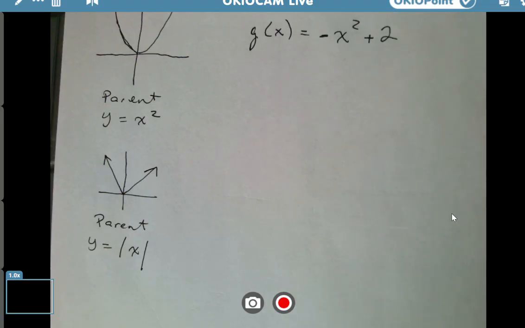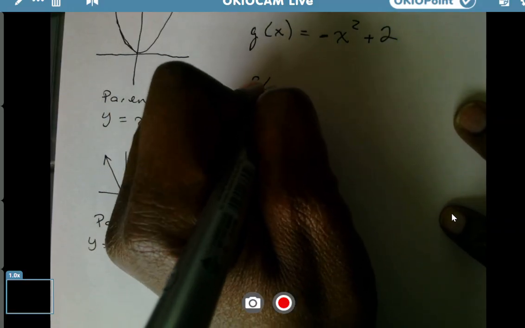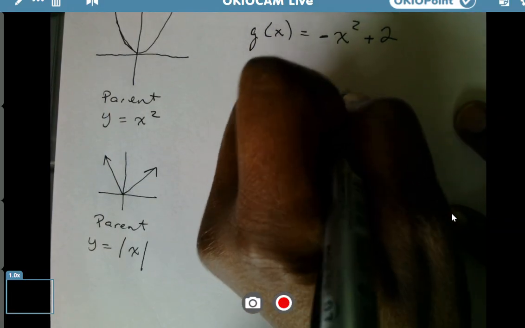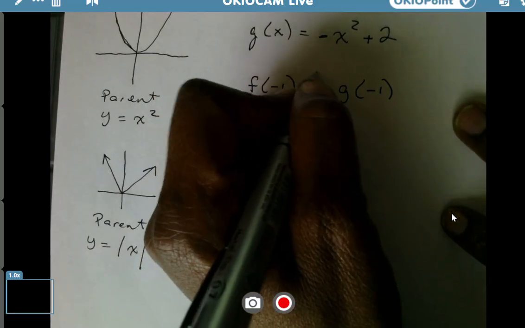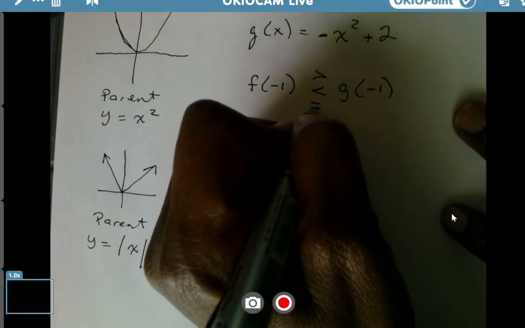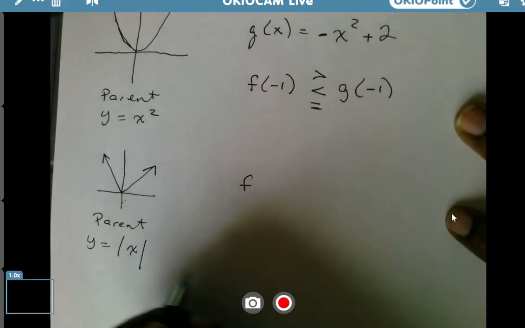We've got to compare them to see what is true at, let's say, f of negative 1 and g of negative 1 for both functions. Is it greater than, less than, or equal to? And then the same thing for this one.